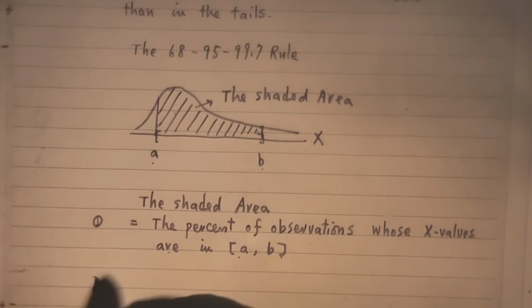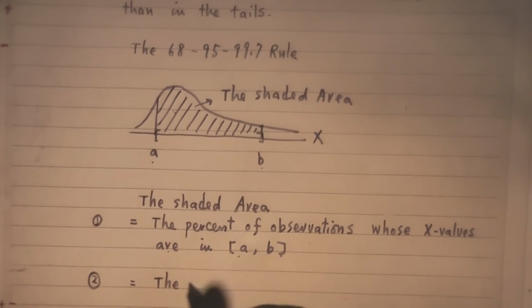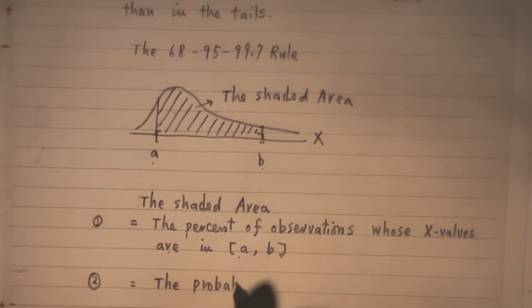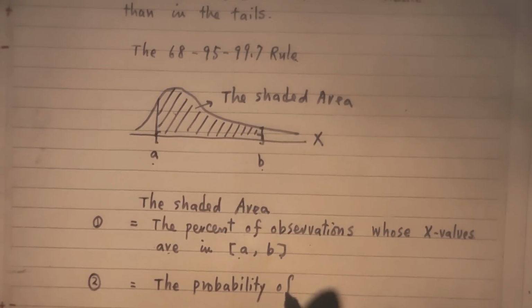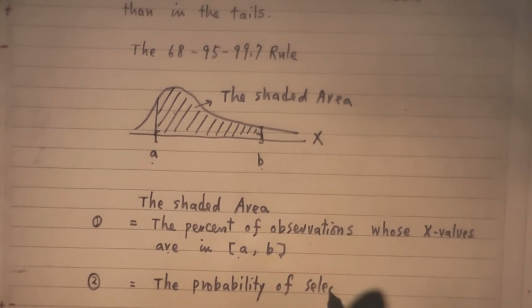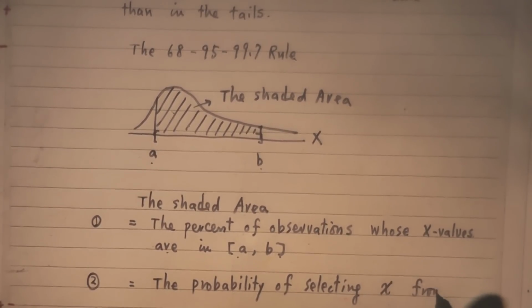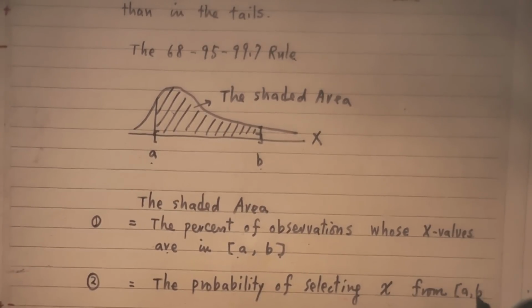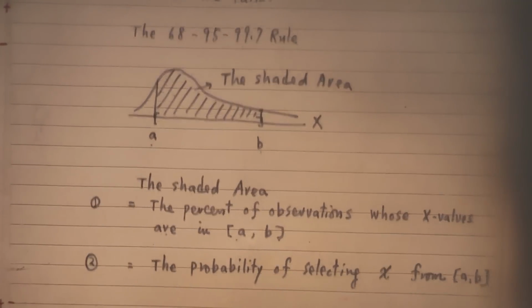A second interpretation is the probability of selecting x from interval AB. Okay? Two different interpretations.